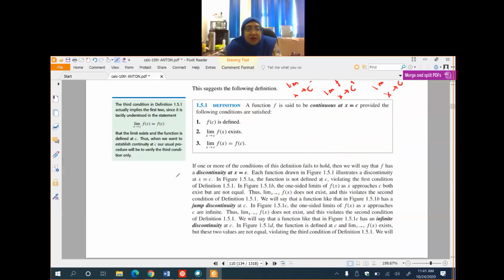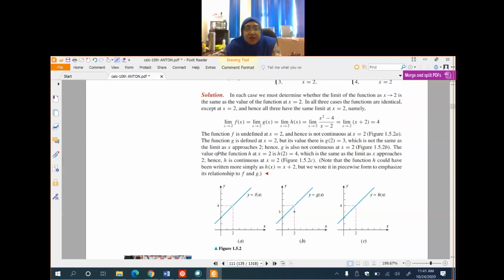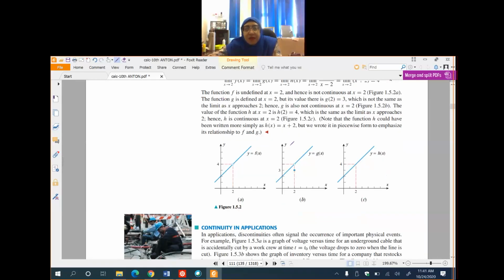So what does the graph of a continuous function look like? It will look something like this. If you walk along the graph, you don't have to jump. Let's say for this one, this is g instead of f.